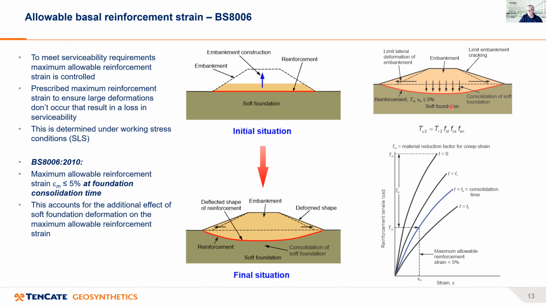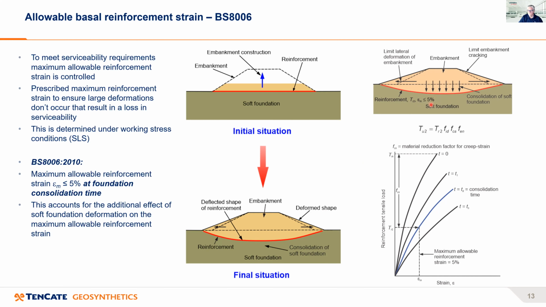BS8006, for example, applies a maximum strain of 5% to the reinforcement. It assumes that if the strain in a reinforcement is less than or equal to 5%, then your embankment will remain in a serviceable condition. Now, it's important to understand how this 5% is applied.